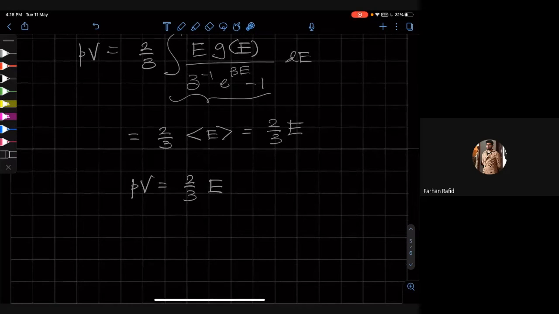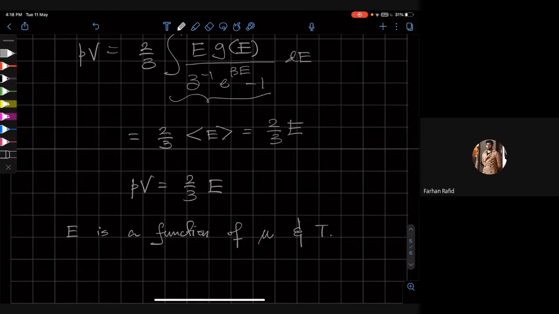So this is what we have. We just wrote down a formula. It doesn't really mean much at this point. Now note that E is a function of mu and T, right?